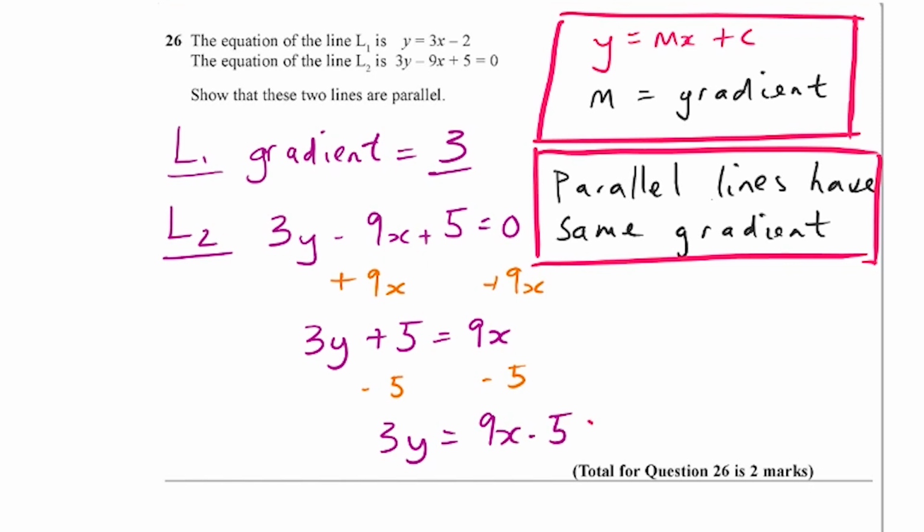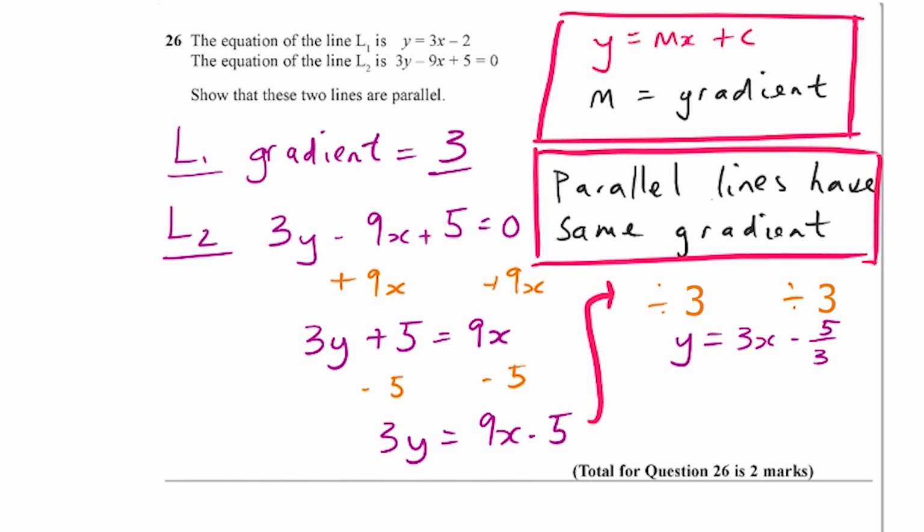And then I don't want 3 lots of y, I just want 1 lot of y, so I've got to divide by 3. If I divide 3y by 3, I just get y. But then I've got to divide everything on that right-hand side by 3 as well. So 9x divided by 3 is 3x, and then I've got that negative 5 divided by 3. I'm just going to write it like that, minus 5 over 3.